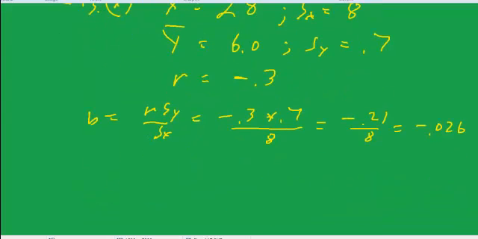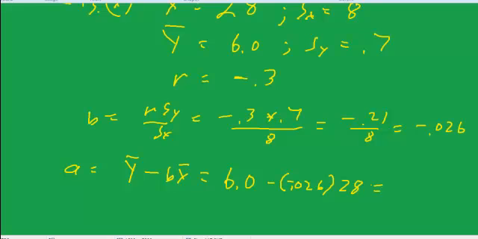So that's b, and then a is equal to y bar minus b x bar, which is 6.0 minus negative 0.026 times x bar, which was 28. So whatever that turns out to be, that looks kind of ugly. Hang on. Something like 0.74 about? Oh, 6.74. Remember, we're adding because we're subtracting a negative, so that would be our a.